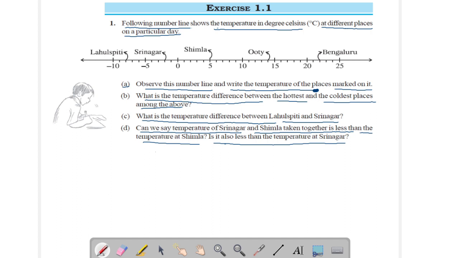Now the temperature of Srinagar equal to minus 2 degrees Celsius.